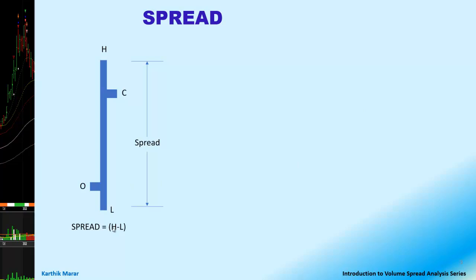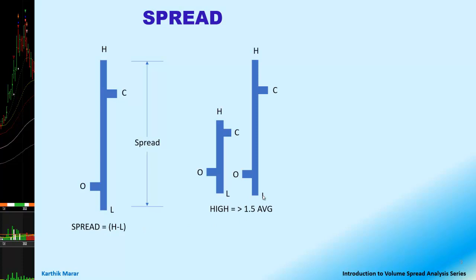If we calculate the spread for the last 60 bars and then take an average of that, that will be our average value of spread. If the current bar is 1.5 times the average value of the spread for the last 60 bars, then we will call it a high spread or a wide spread.